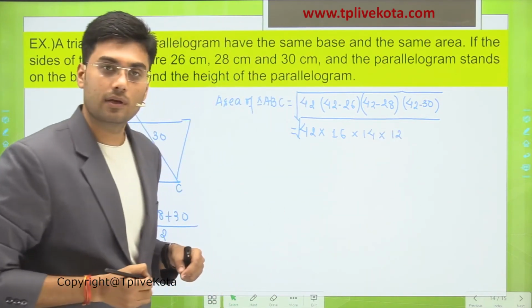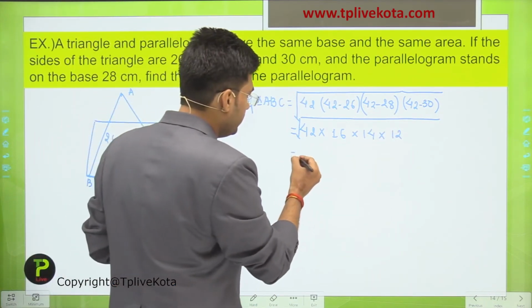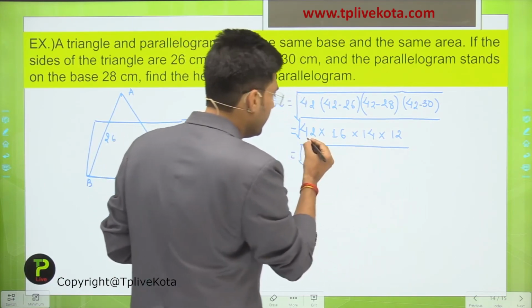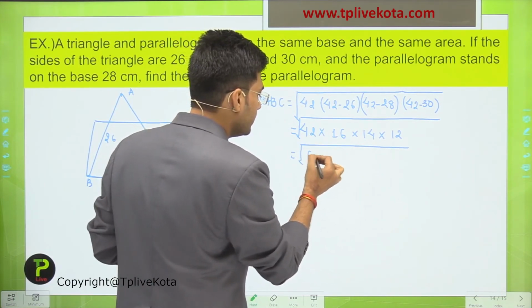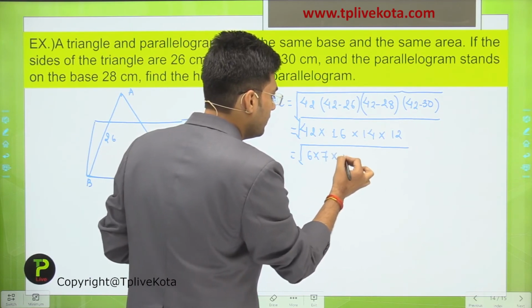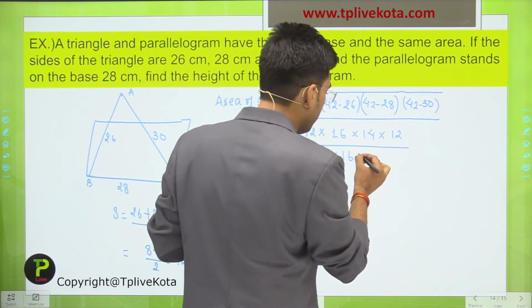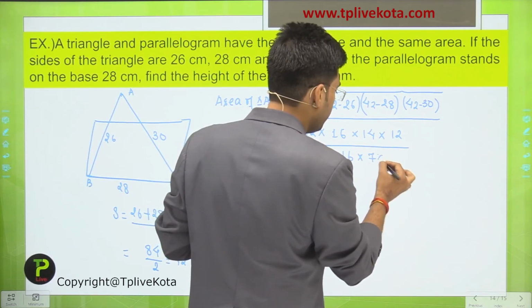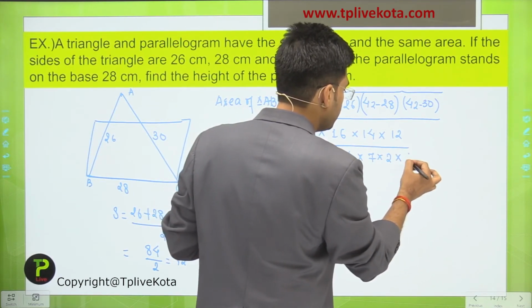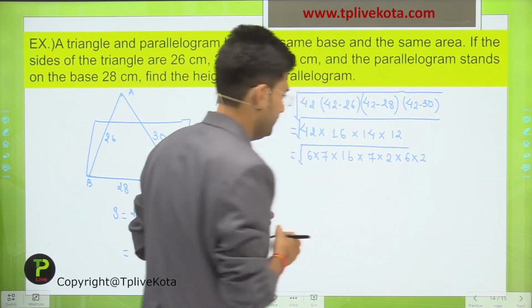Clear? Now students, we can write this 42 as 6 multiplied by 7, and 16 is a perfect square, and we can write 14 as 7 multiplied by 2, and 12 as 6 multiplied by 2. Clear?